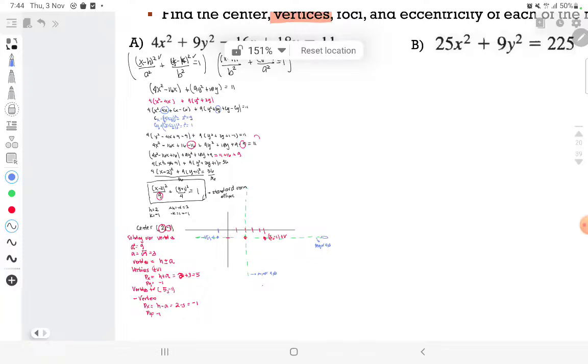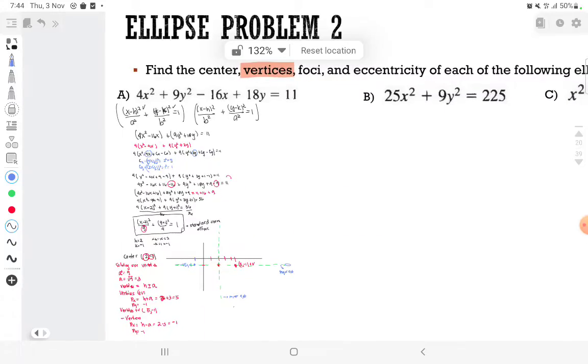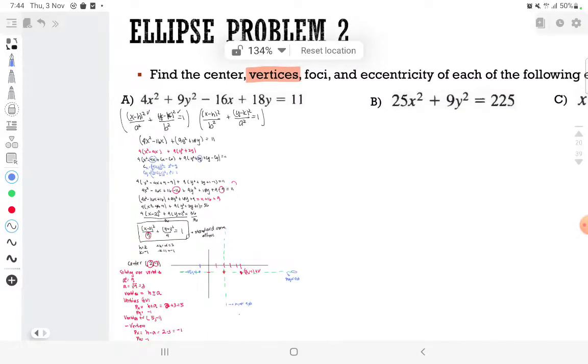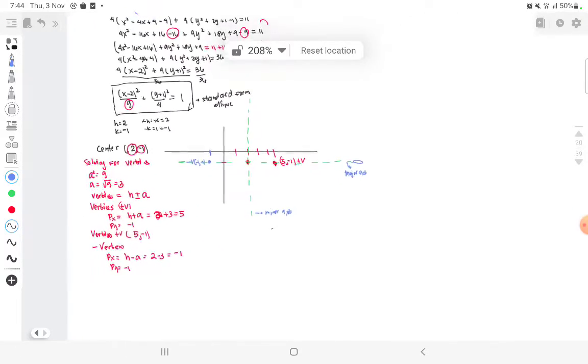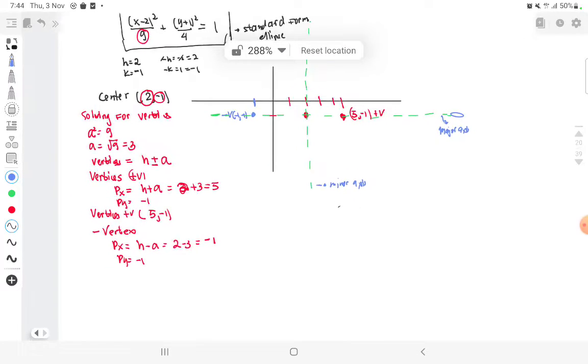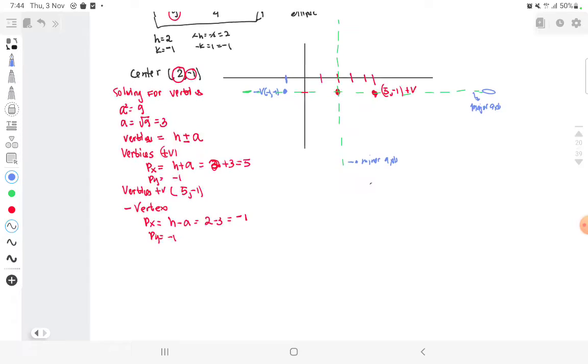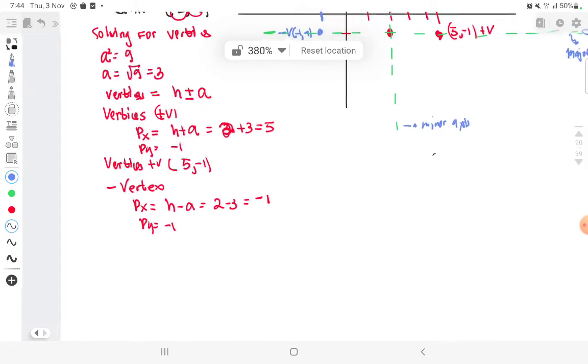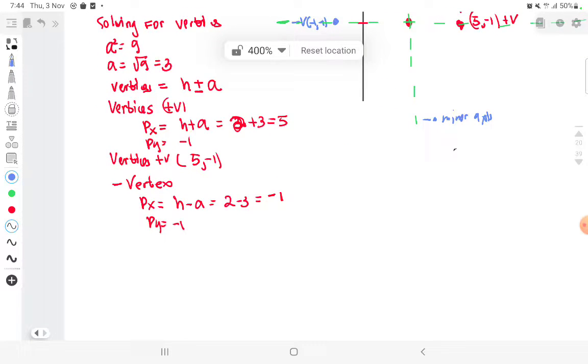Next is our foci. Okay, now let's have our foci. So solving for foci, now what is our foci?